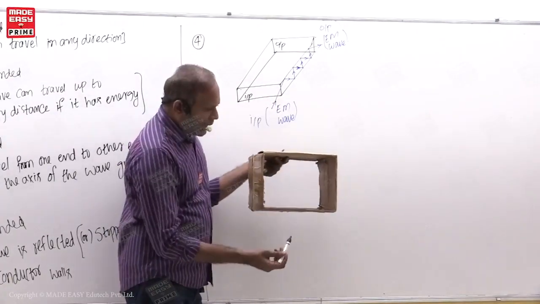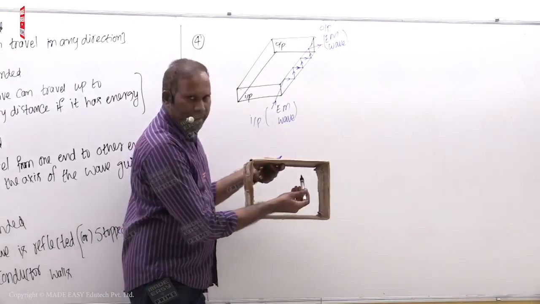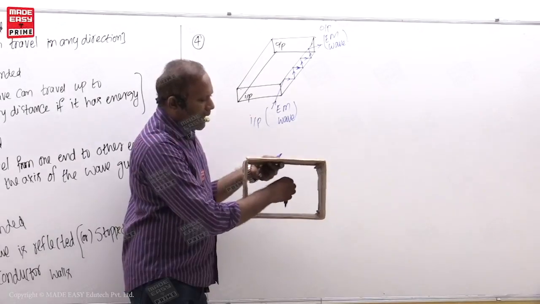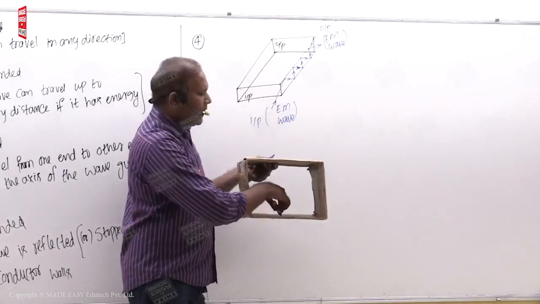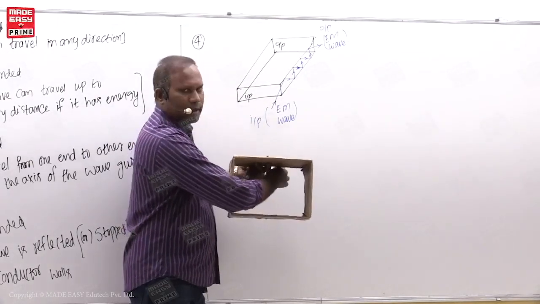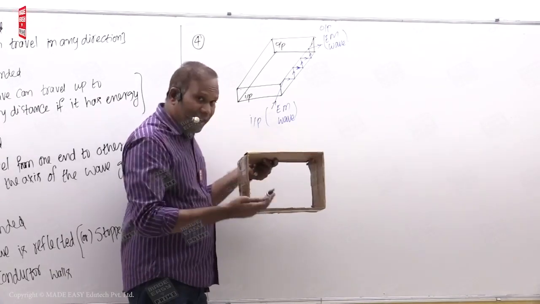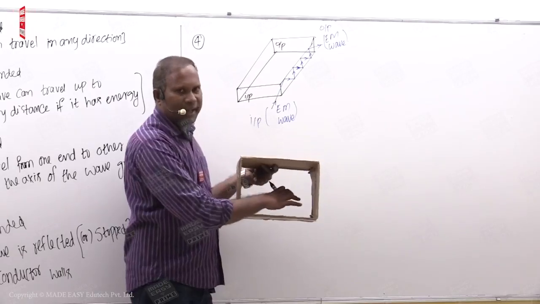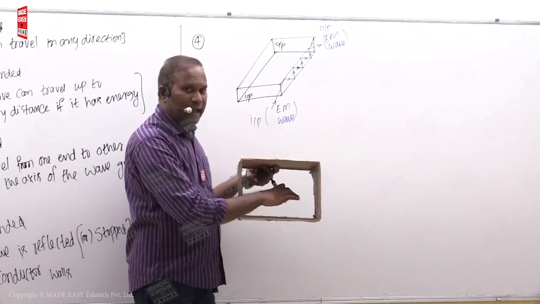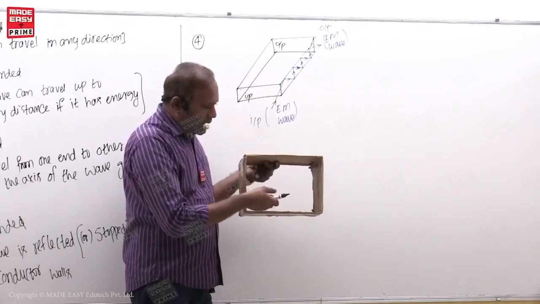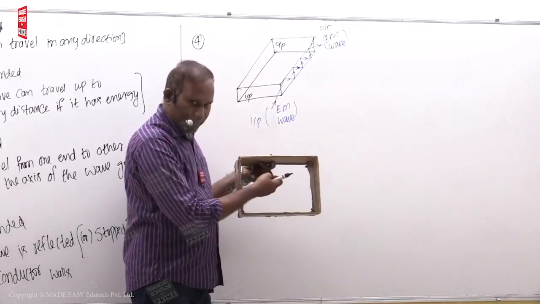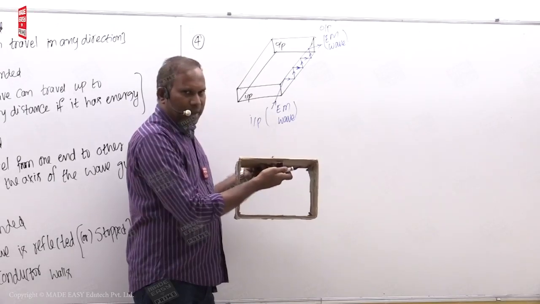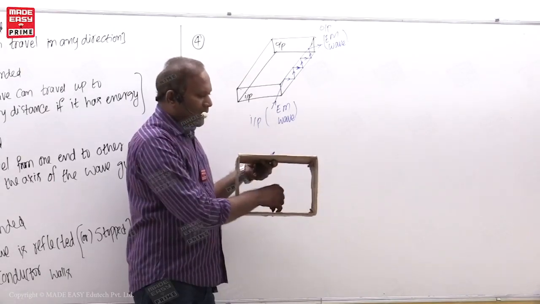But if EM wave enters here and it is hitting here, it is reflected back, again hits here, and again it goes out. But it is traveling in the medium present inside the waveguide. So you should understand there are two things here. One is that the wave is traveling in this medium, and that is stopped by this boundary, and reflections occur here.